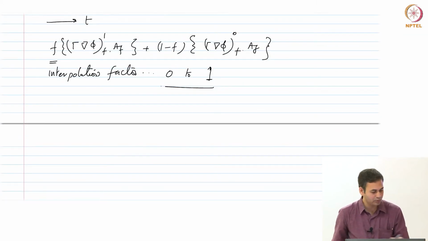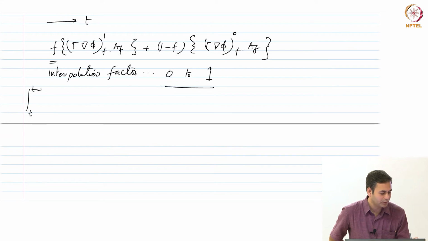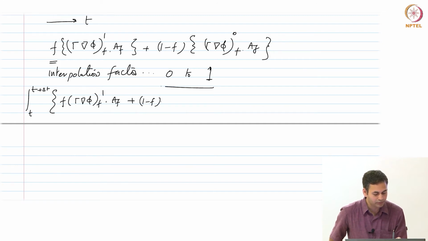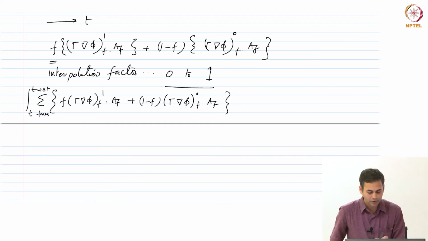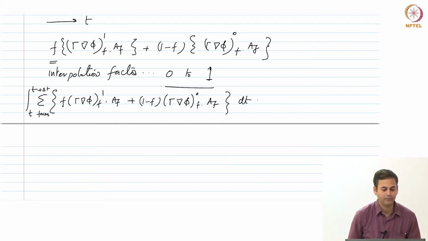So essentially the integration would be the integral t to t plus delta t of f times gamma grad phi f dot af plus 1 minus f times gamma grad phi 0 f dot af, again summation on all the faces, times dt. Is that correct?